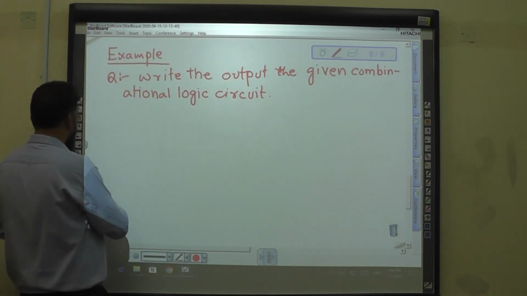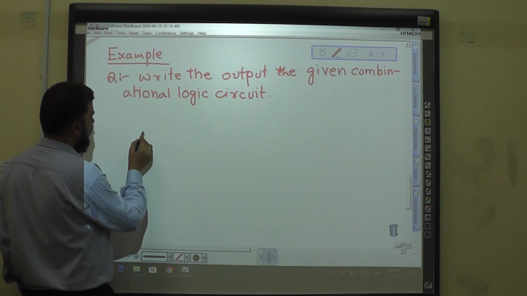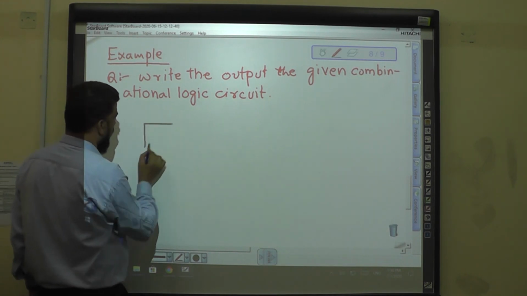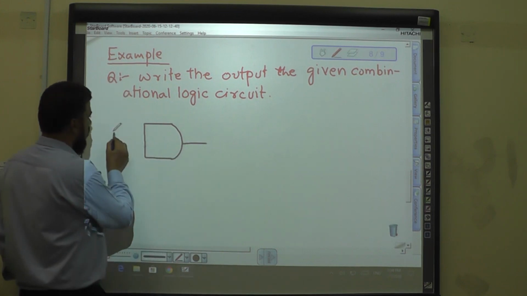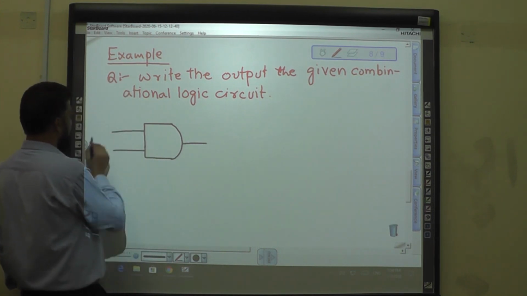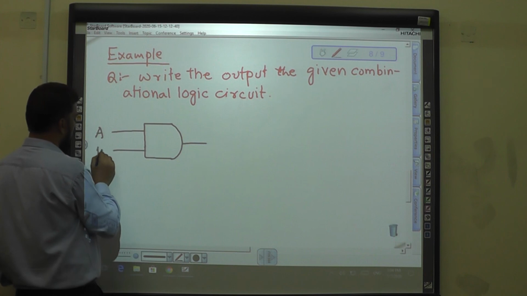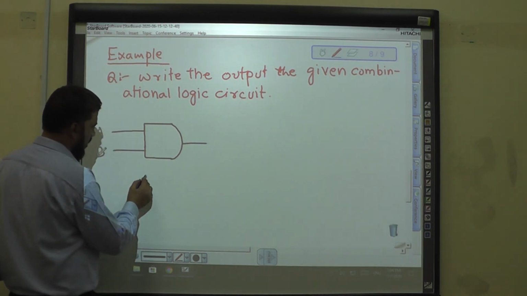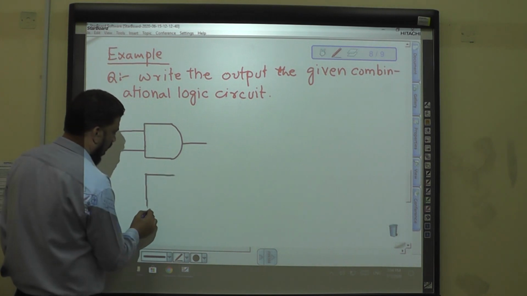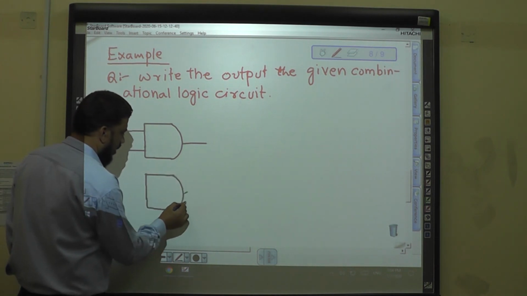The combinational circuit is like a two-input AND gate, say A, B, and we are using one more gate, a NAND gate.